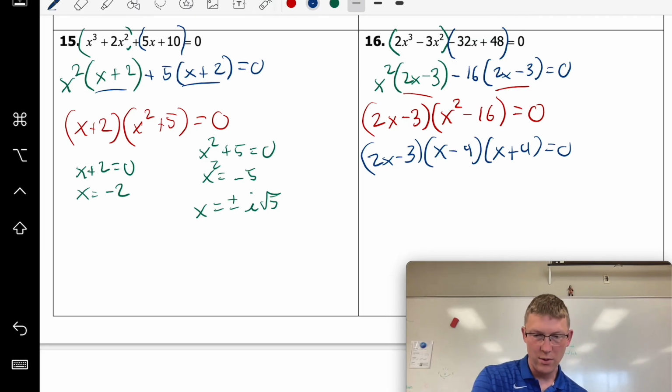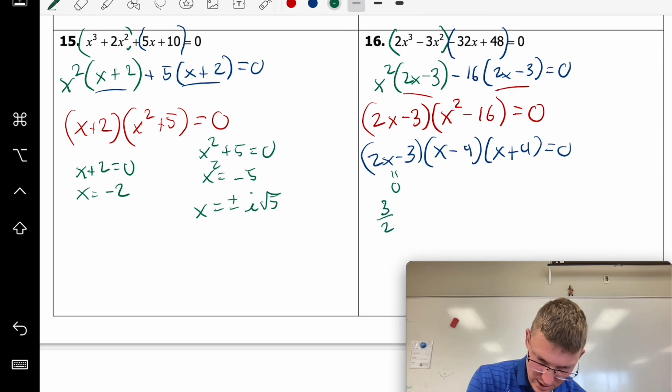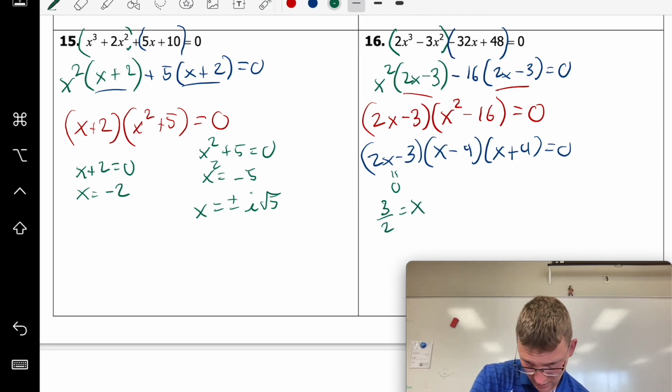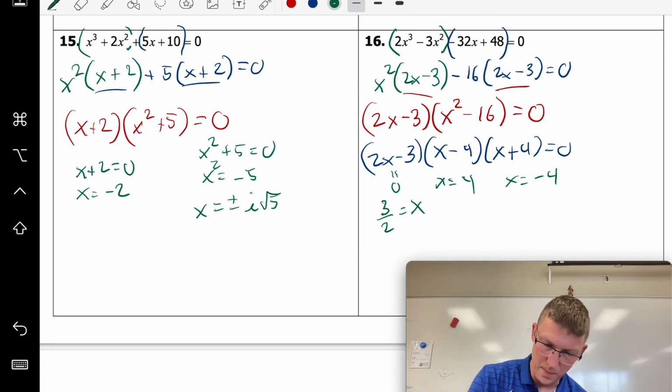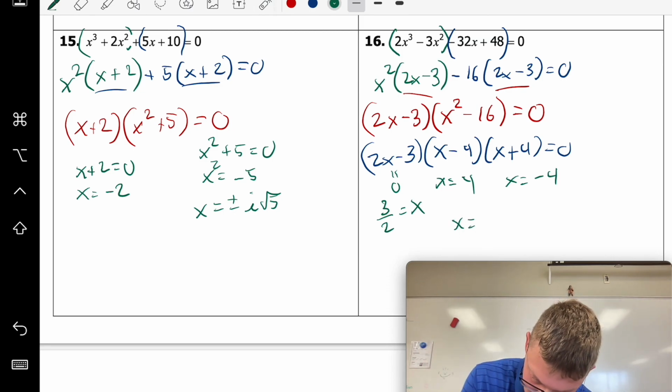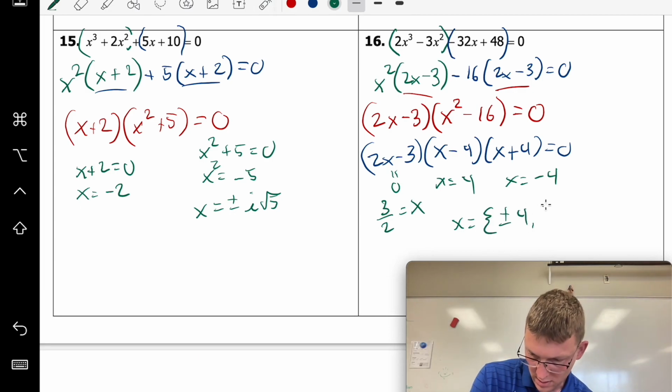So now our answers. When this one equals 0, we're going to have 3 over 2 equals x. And then we're going to have x equals 4, x equals negative 4. So our final answer is going to be x equals plus or minus 4 and 3 over 2.